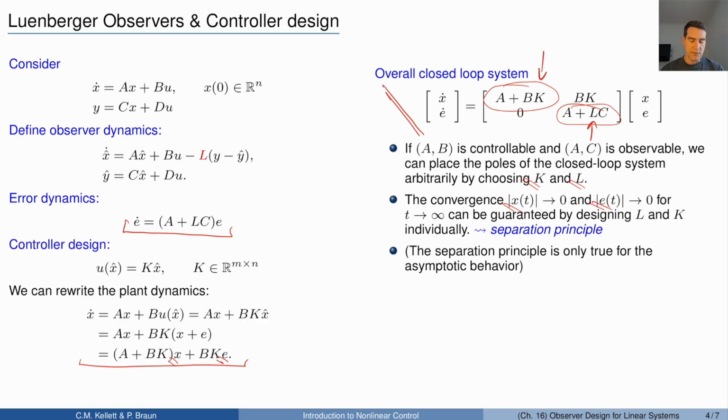In the transient response, K and L are not independent, and they influence each other, as well as the speed of convergence, or the transient behavior, of the states x and e.